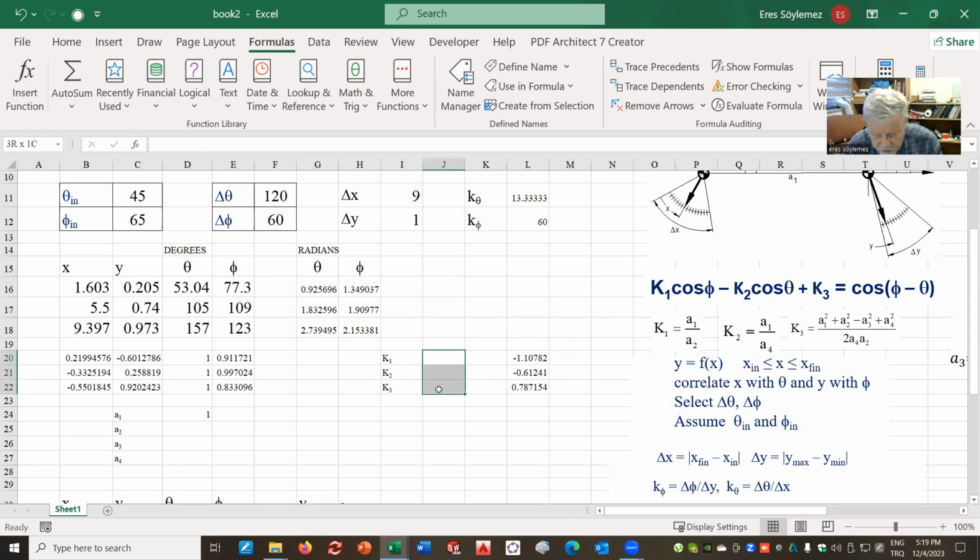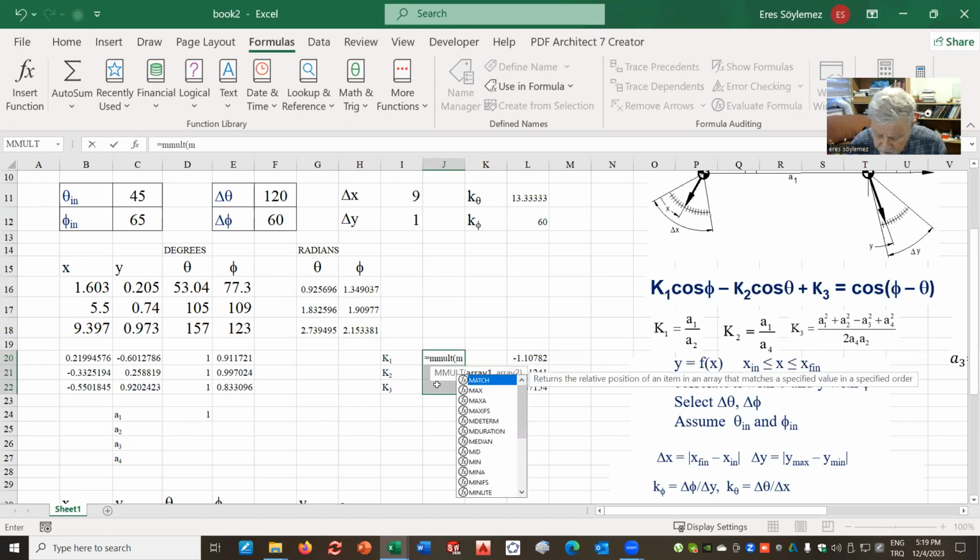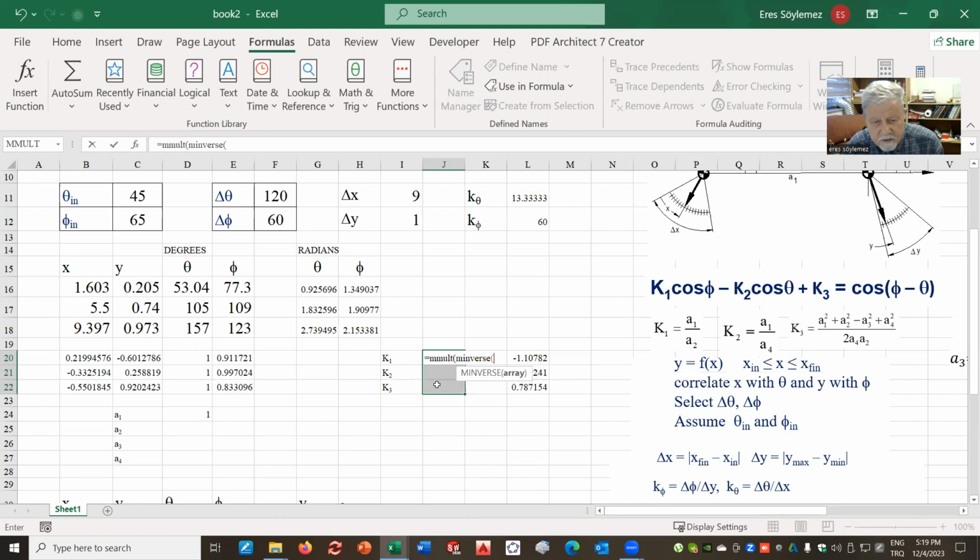If you get familiar with the operations, you can write this formula as follows. Equal to MMULT, multiply the matrix, open parentheses, MINVERSE, take the inverse of this matrix, close parentheses, comma.